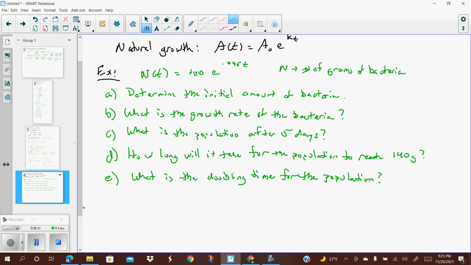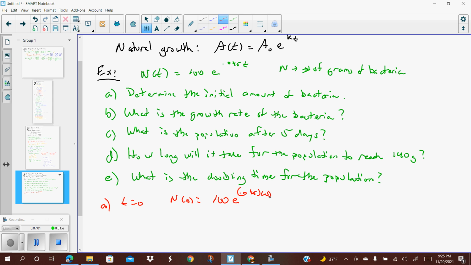If you didn't know this, the way to figure it out for letter A would be, okay, well, the initial time means it's at time 0. It hasn't started yet. So if I simply take t to be 0 and plug 0 into my equation, then I get N of 0 equals 100 e to the 0.045 times 0.